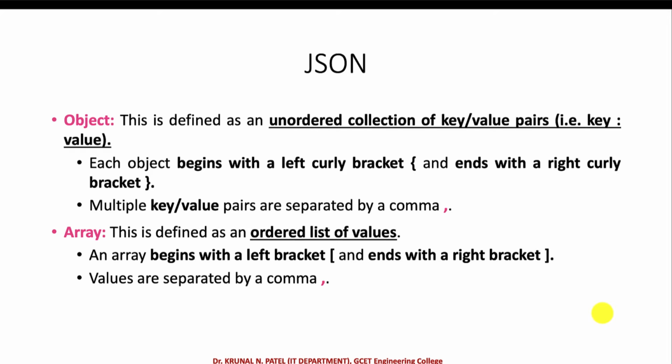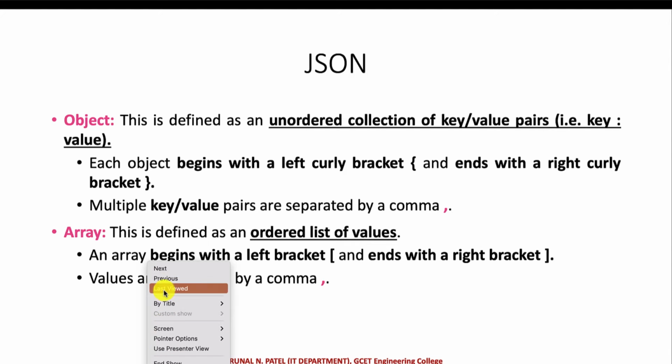An object is defined as an unordered collection of key value pairs, right? Nowadays key value pair structures are very popular in programming languages because they are very easy to manipulate. Each object begins with a left curly bracket and ends with a right curly bracket.